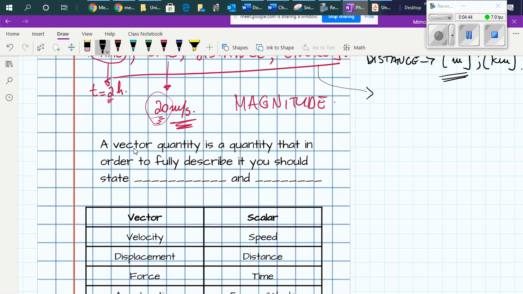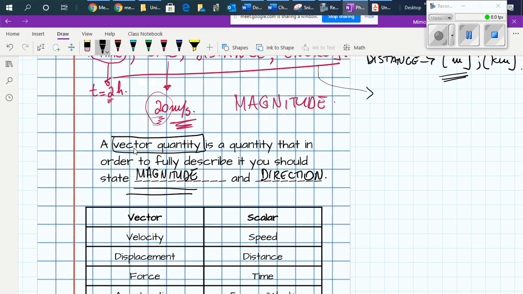vector quantity, in order to fully describe it, we have to state what is the magnitude, that numerical value, the magnitude of the quantity, and what is the direction? So in order to fully describe a vector quantity, you need to state what is the magnitude of it.